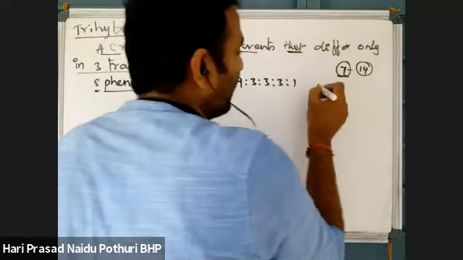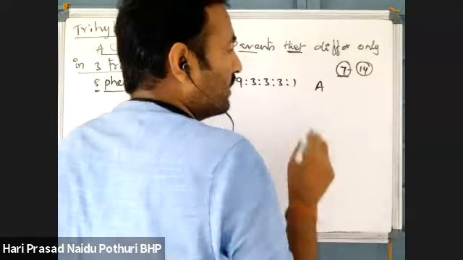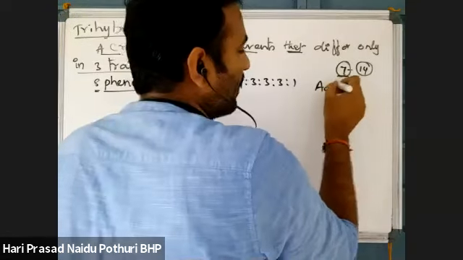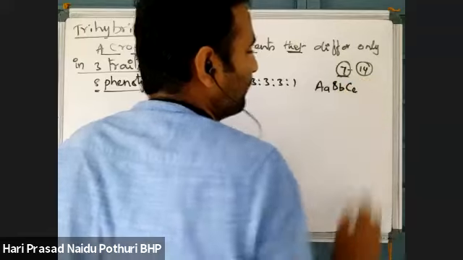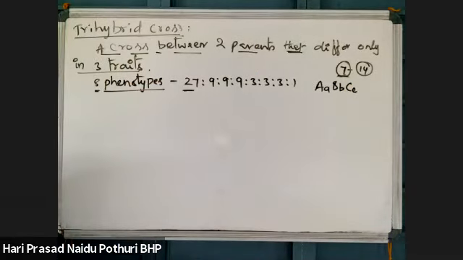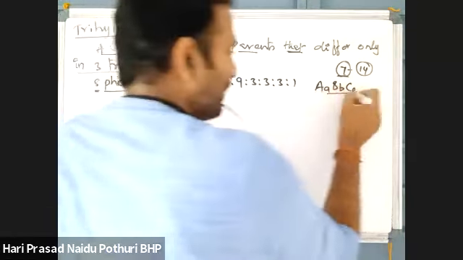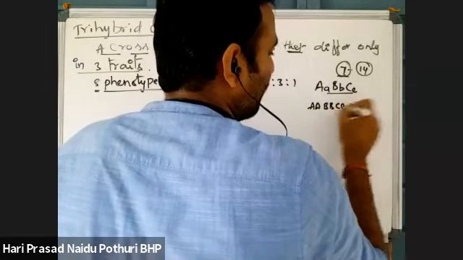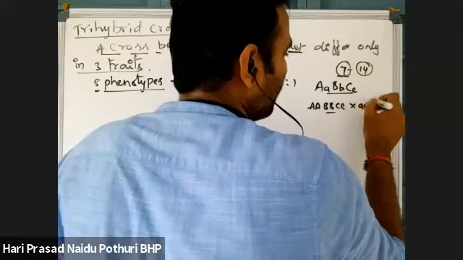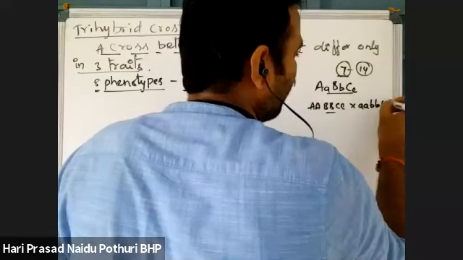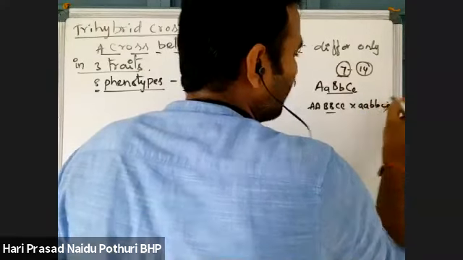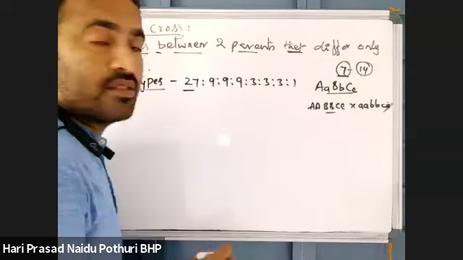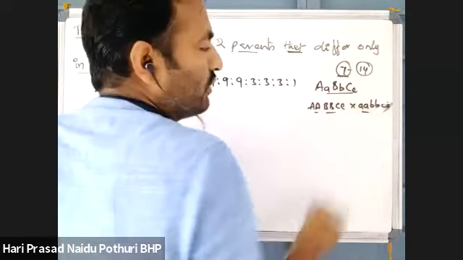Suppose the trihybrid cross means 3 genes are different. Suppose A, B, C, 3 genes. A pure line with dominant A, B, C is crossed with a recessive pure line. This is the crossing between two parents.